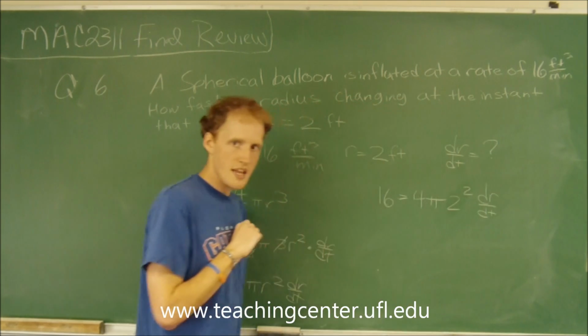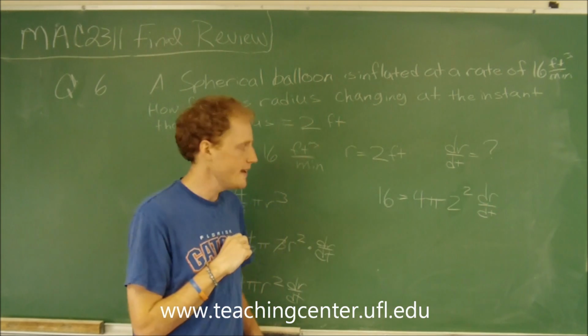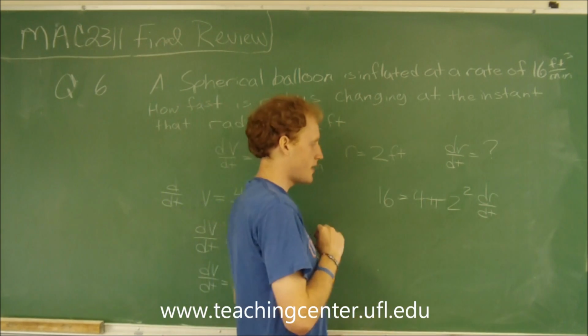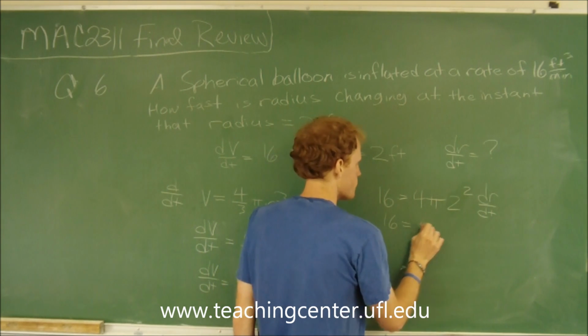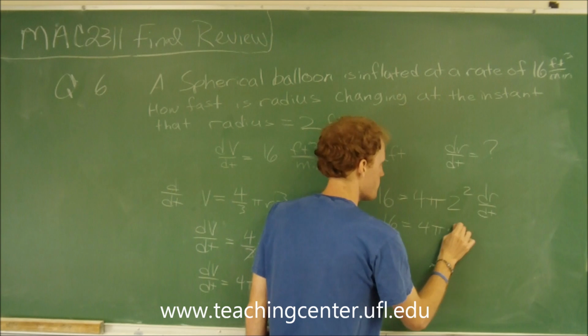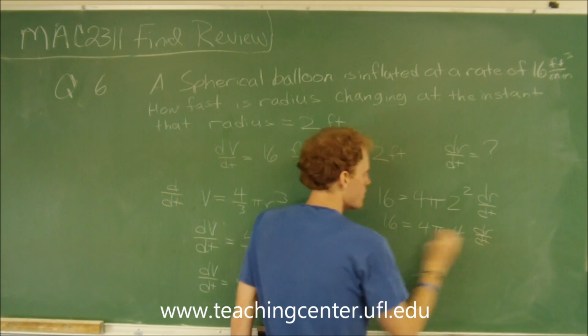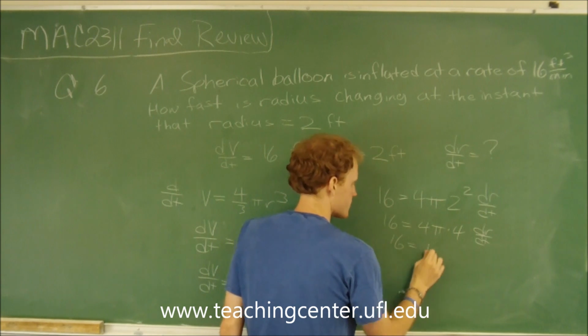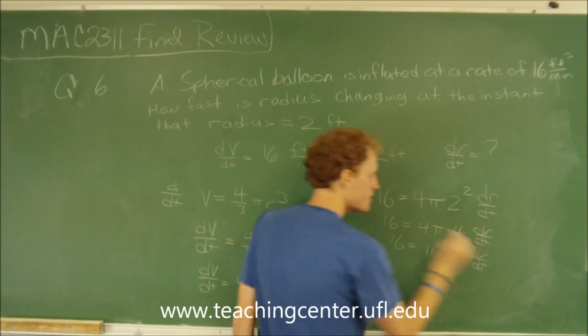All we have to do is find out what dr over dt is. Simplifying this, we get 16 equals 4 pi times 4, so 16 equals 16 pi dr over dt.